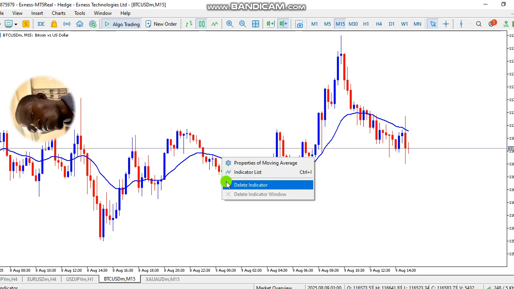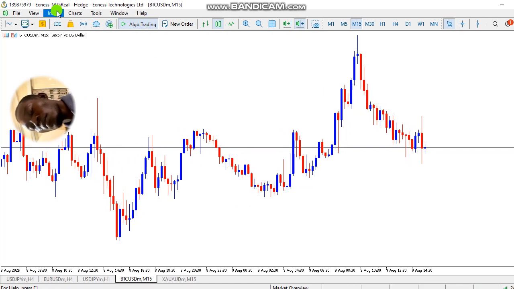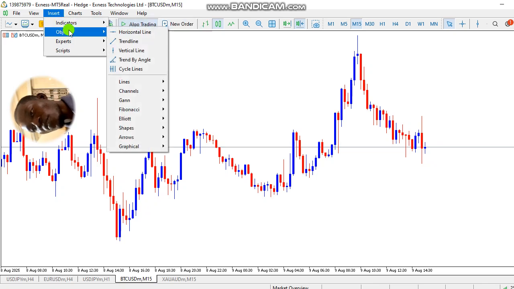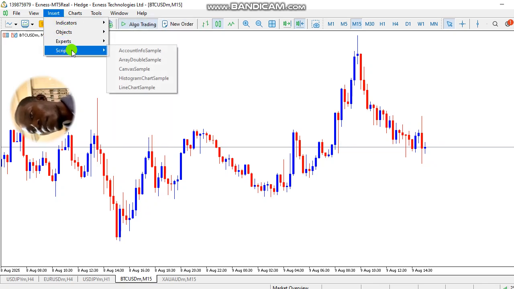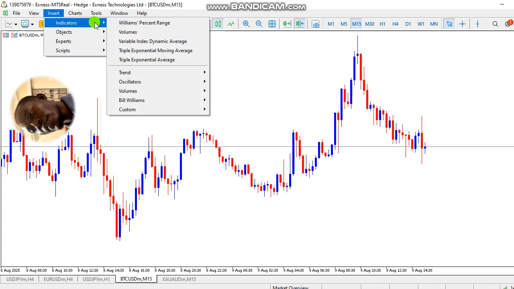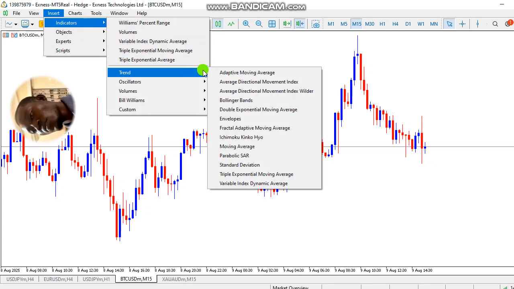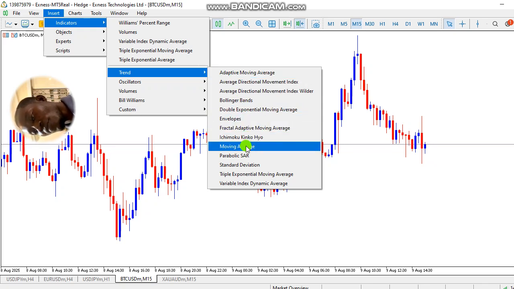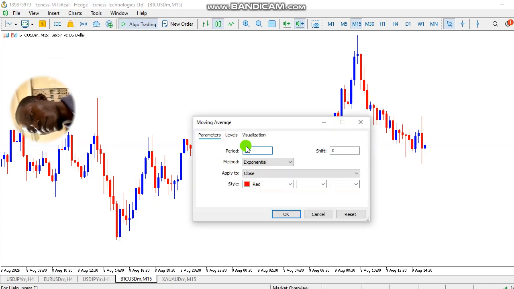So you select the icon insert, then you click on insert. After clicking on insert, we have indicators, objects, experts, and then scripts. So you click on indicators, then you click on trend. So we have trending indicators. Then after that, you select moving average.